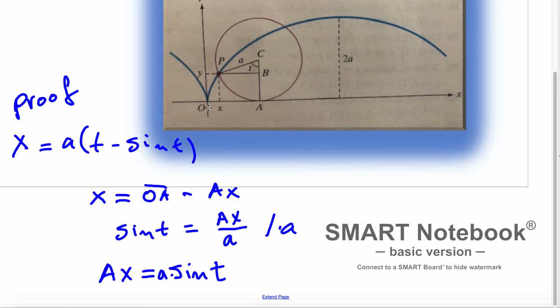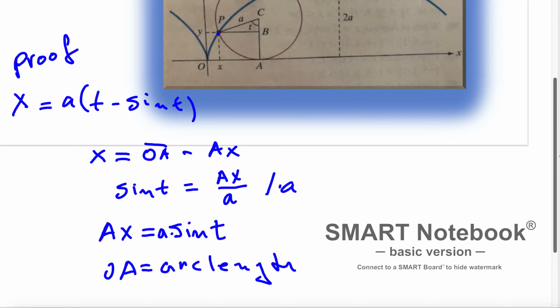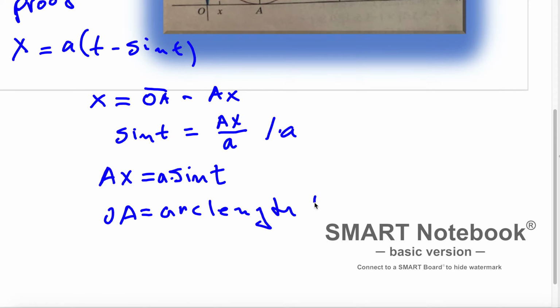But we want to find now the distance OA. The distance OA is equal to the arc length PA of the circle, so OA is equal to the arc length PA.